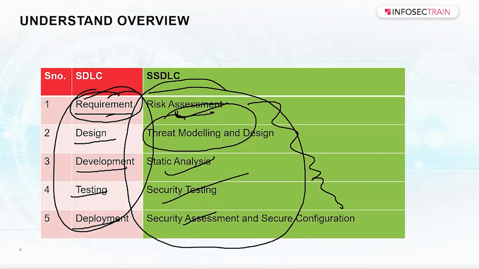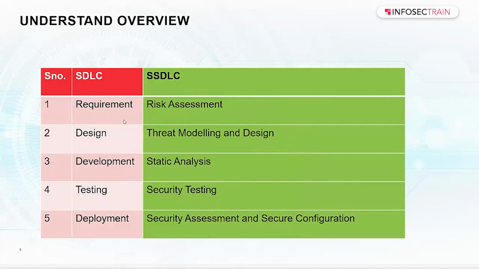Now, one more important thing is an example of the requirement phase. If you are a CSSLP, after doing a risk assessment, you are going to establish the security requirements. Okay, we need a chat-based authentication, or we need an authorization. Here we basically build a bug bar.